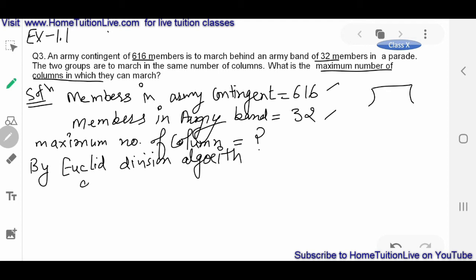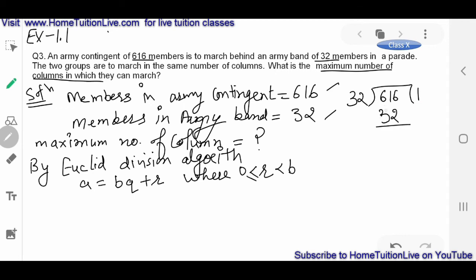What it says: A is equal to BQ plus R, where R is greater than or equal to 0 and less than B. So what is A? A is 616, B is 32. So we will divide it by 32.